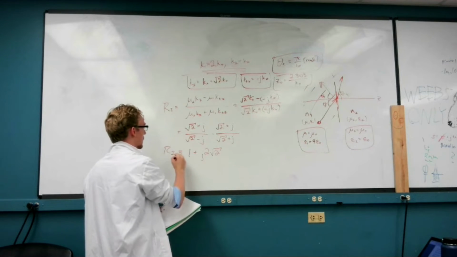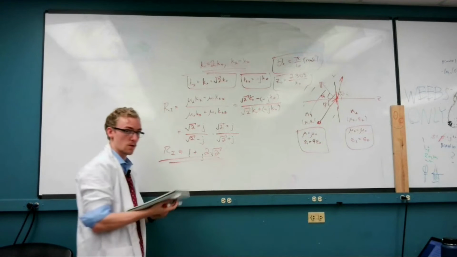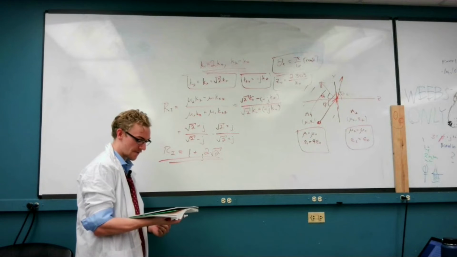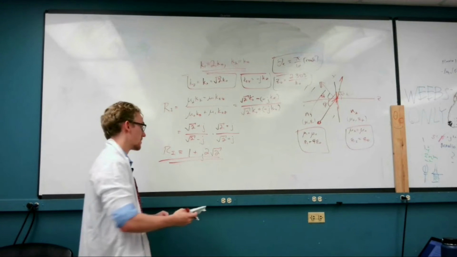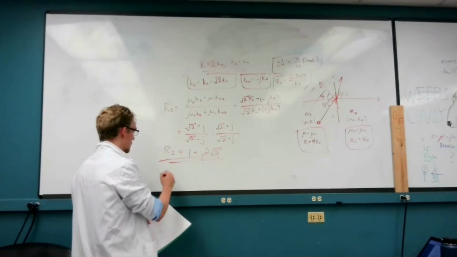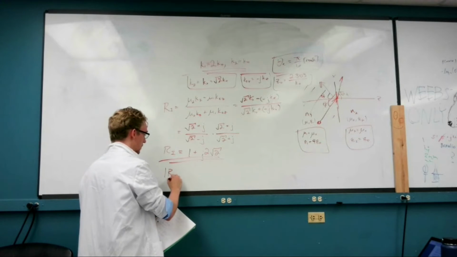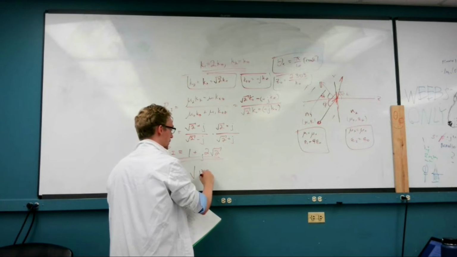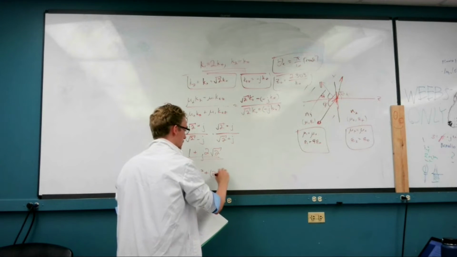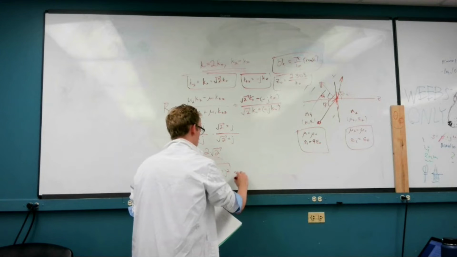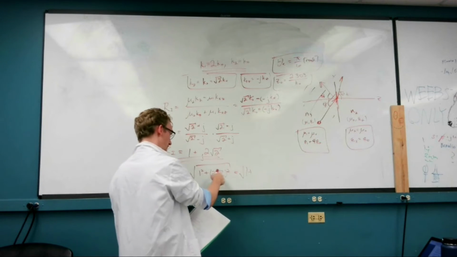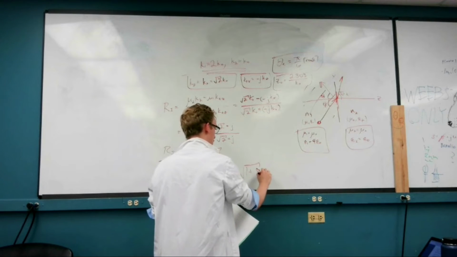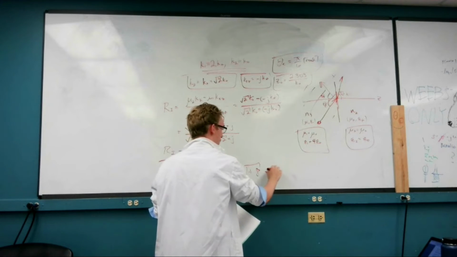This is our complex reflection coefficient. Now what it asked us for was to calculate the magnitude and the phase of the reflection coefficient. Fairly straightforward. Our magnitude, the square root of 1 squared plus 2 square root 2 squared, square root of 1 plus 8, which just gives us 3.